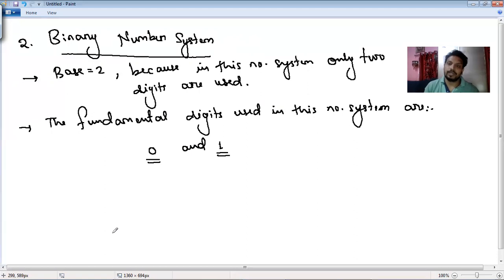So computer understands only binary numbers.